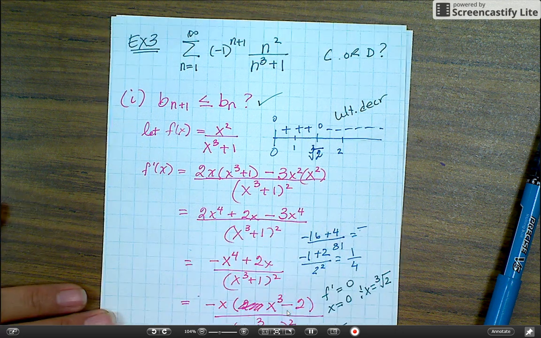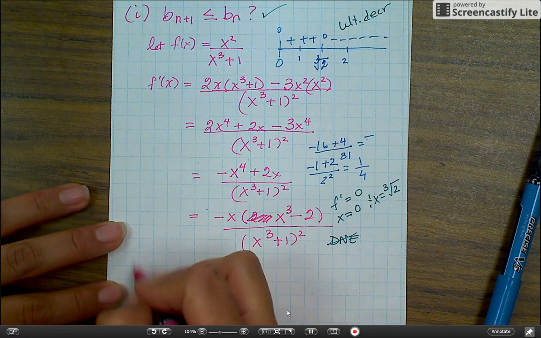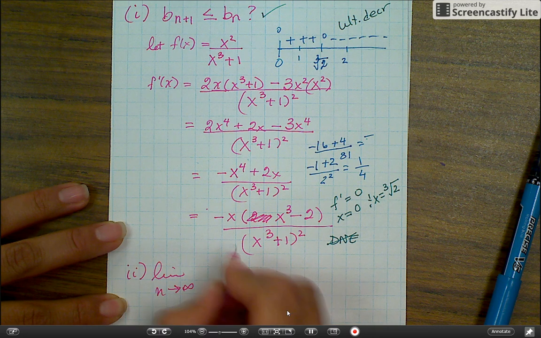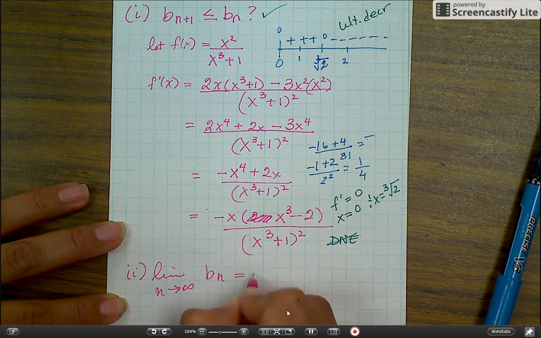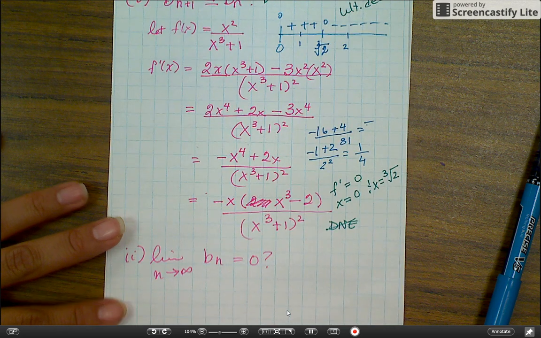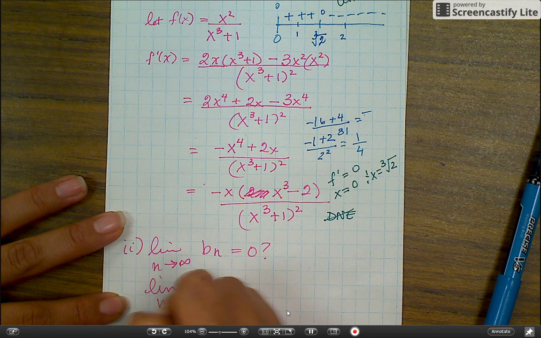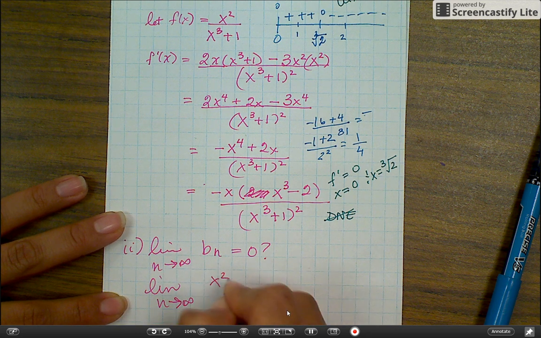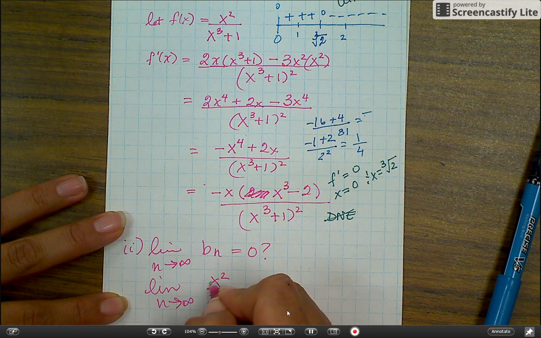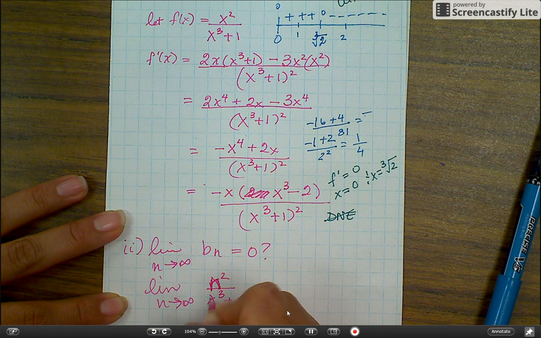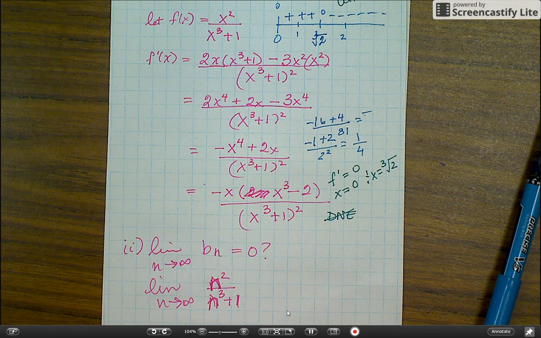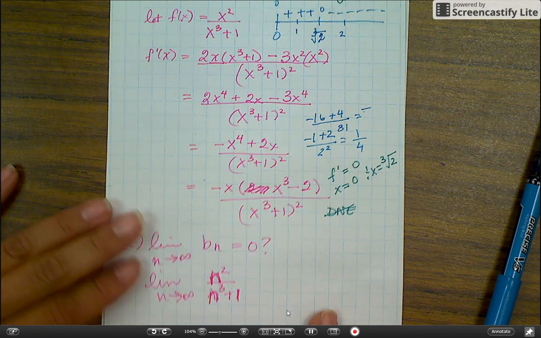Right? Now, the next part that we need to satisfy is limit as n goes to infinity of b_n equaling 0, question mark. So let's check that out. So we do limit as n goes to infinity of n squared all over n cubed plus 1. We know if we do L'Hopital's, we have to do it like twice.